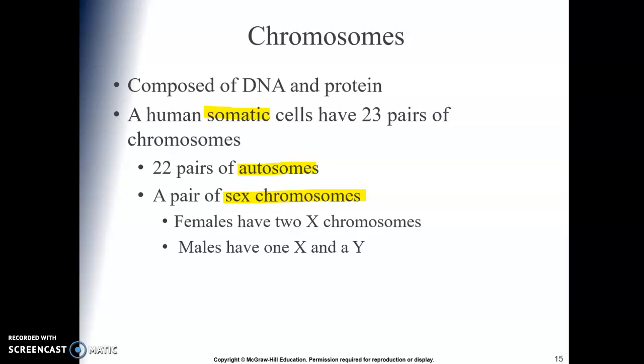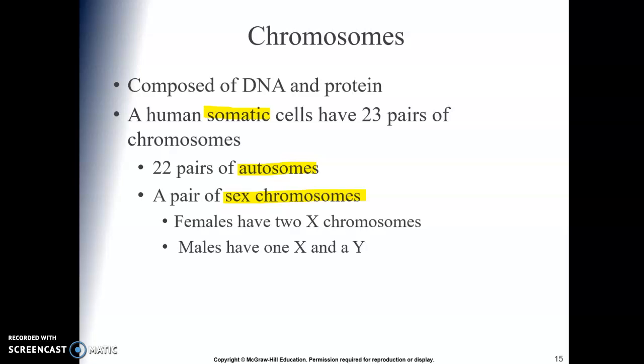A sex-linked gene is typically a gene that is carried on an X chromosome. And because of this, males are at much higher risk for those diseases due to the fact that they only have one X. Females have two X chromosomes, and so the likelihood of having a positive allele for that particular gene is better.